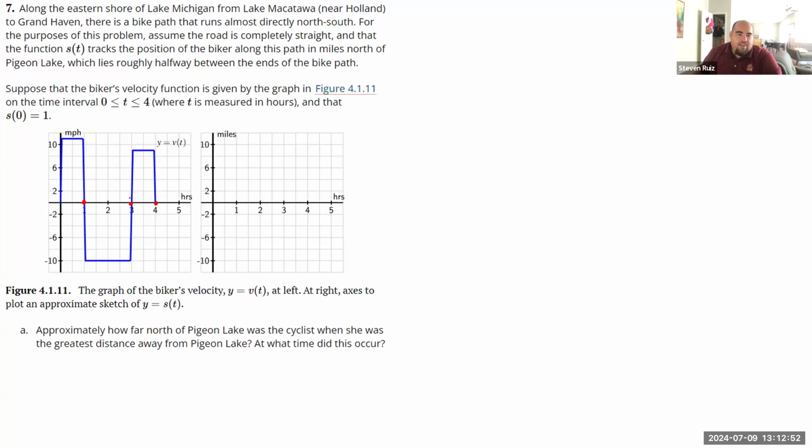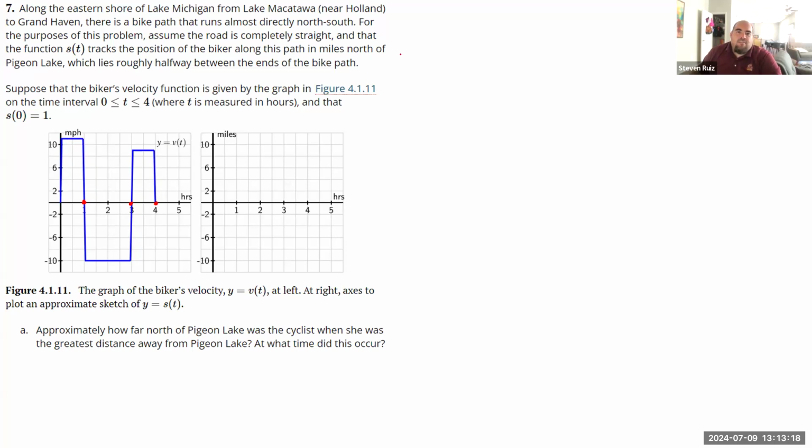So how do we find how far away she is when all we're given is her velocity? For that, let's think about this a couple different ways and try to relate them together. Roughly, I know that over the first hour, she is traveling at a constant speed because her velocity is this horizontal line here.